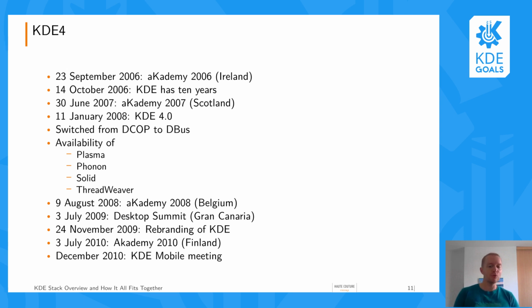We got, for some reason, an academy in Finland, and also for some reason, some push for KDE Mobile. If you remember, that's around the time that Nokia was actually doing things with Qt, so that's not actually random.